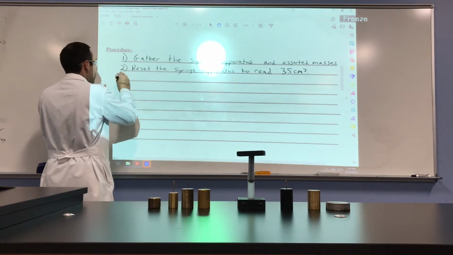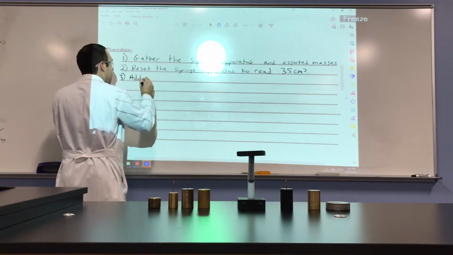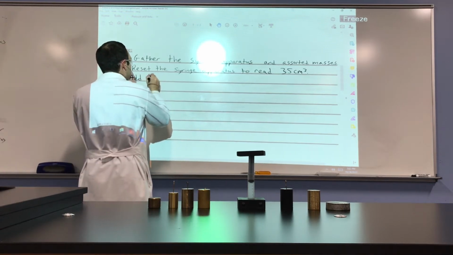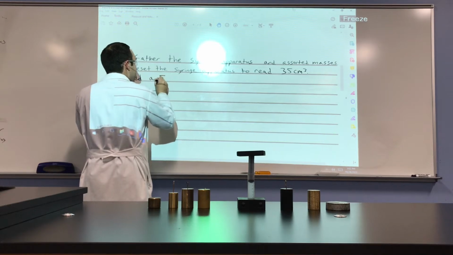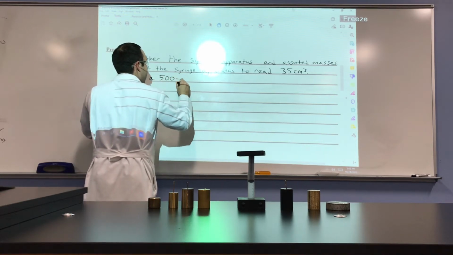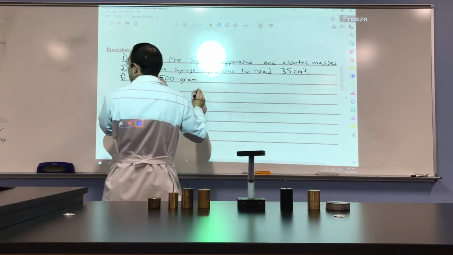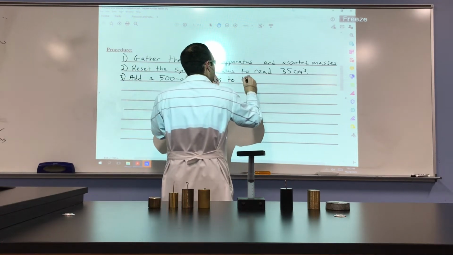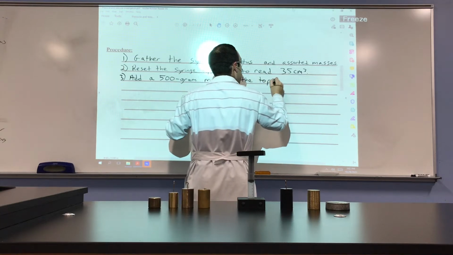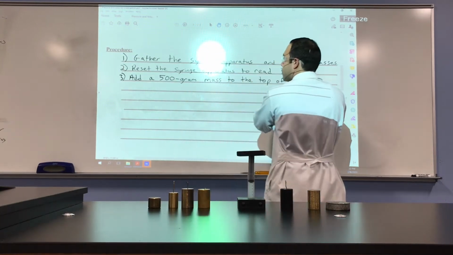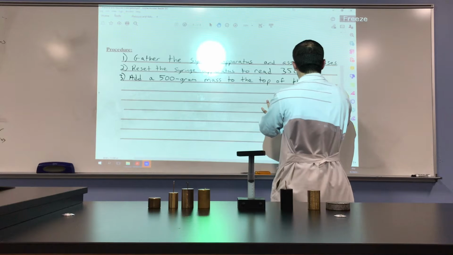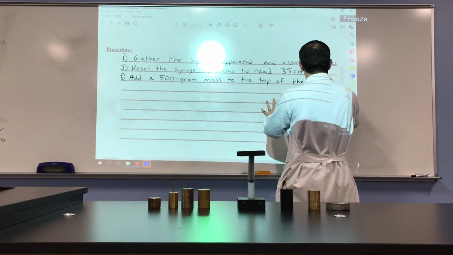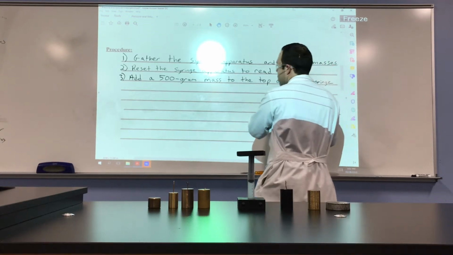Step 3, add a 500 gram mass to the top of the syringe apparatus.